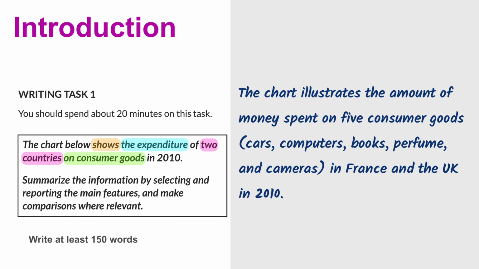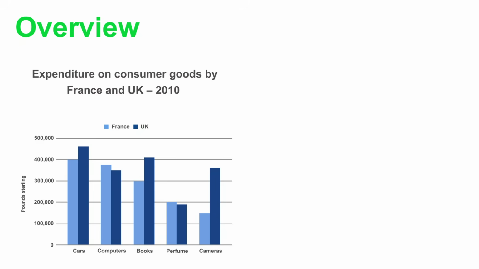Now, let's just start writing our overview paragraph. In writing our overview paragraph, we should write about the most and the least. So, let's take a look. What is the most? The most is related to the cars, all right? Cars, as you can see, for both countries, they dominated the leading consumer, let's say, product. Right?